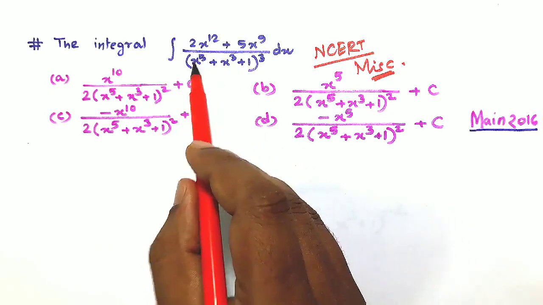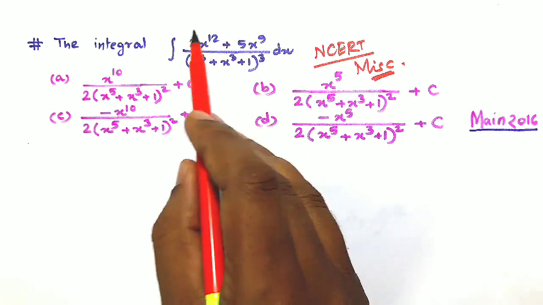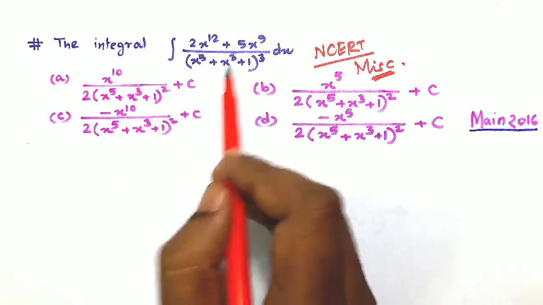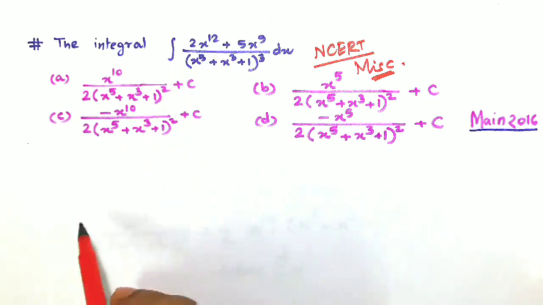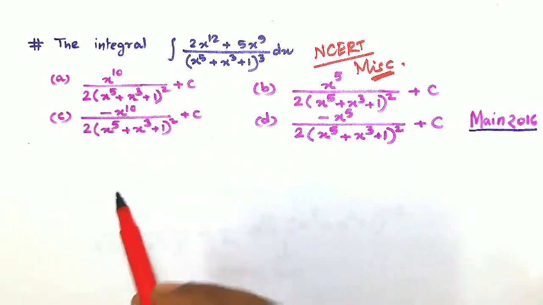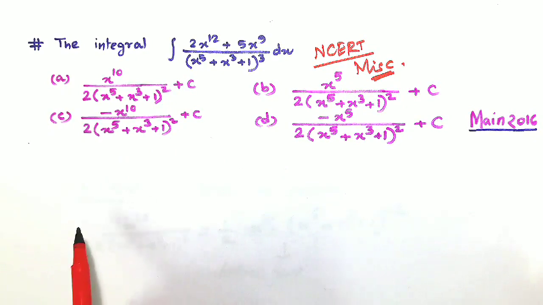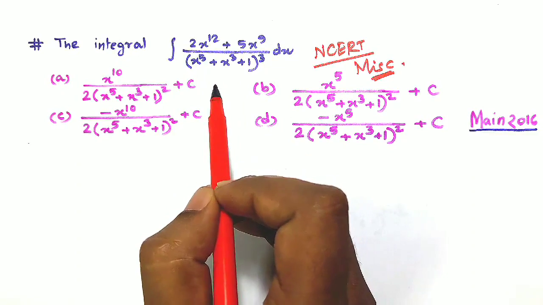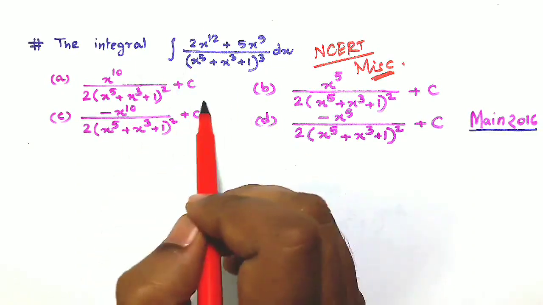Take this one as z, and this one will be minus dz. Next you will integrate, and after a few steps you will get the result. But this is very difficult for the joint entrance because it is time consuming.